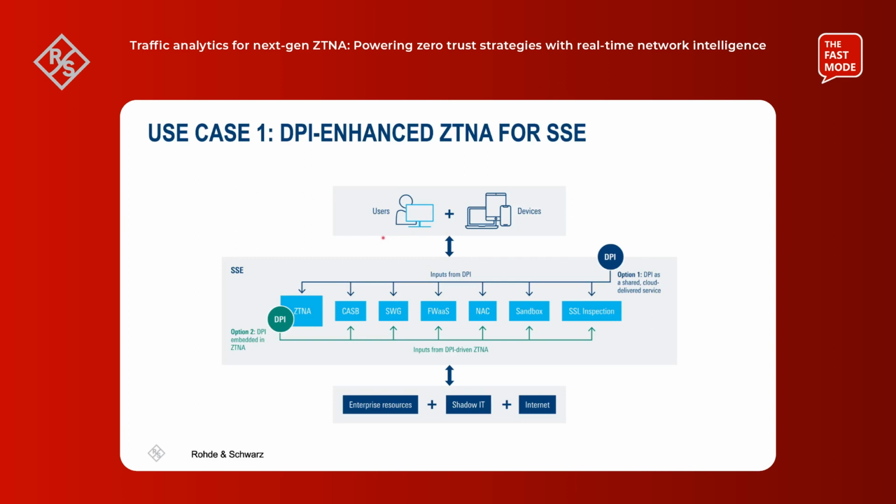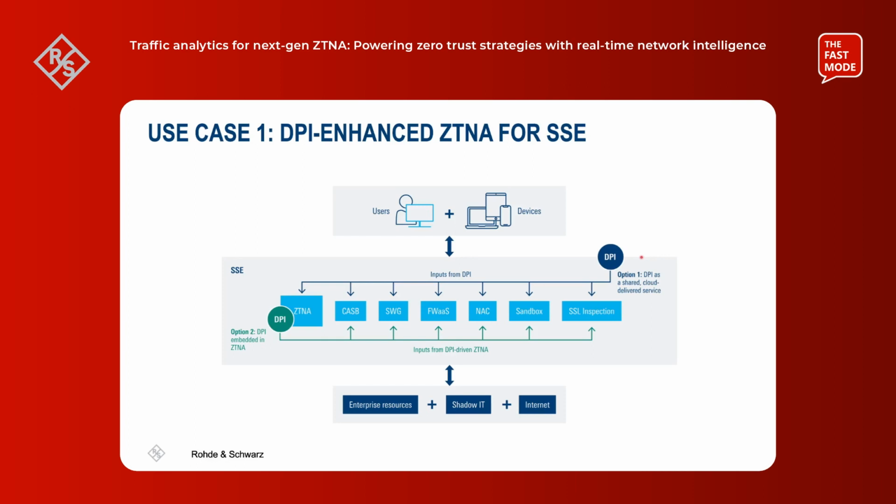An SSE solution can deploy R&S PACE2 or R&S vPACE as a DPI component over here, a shared source of cloud-delivered traffic intelligence leveraging DPI software form factor, lean implementation, and super fast performance.